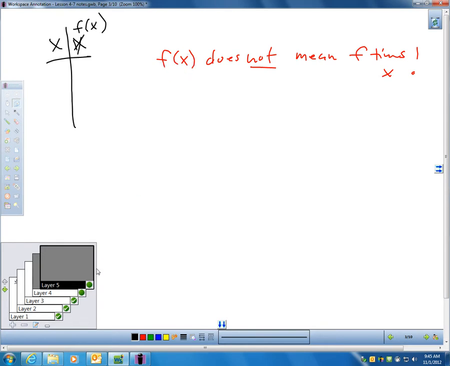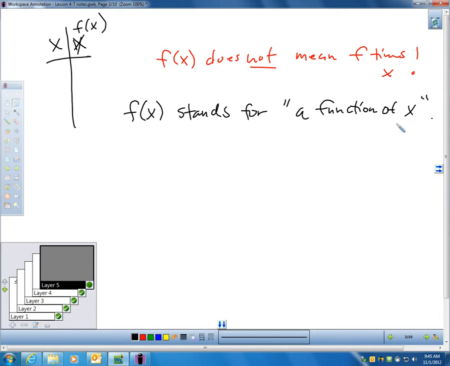When you see f of x, that stands for a function of x. In other words, I can take x, plug it into a box, the box will take x, apply an operation to it, and then output a result. That's what this symbolism means.